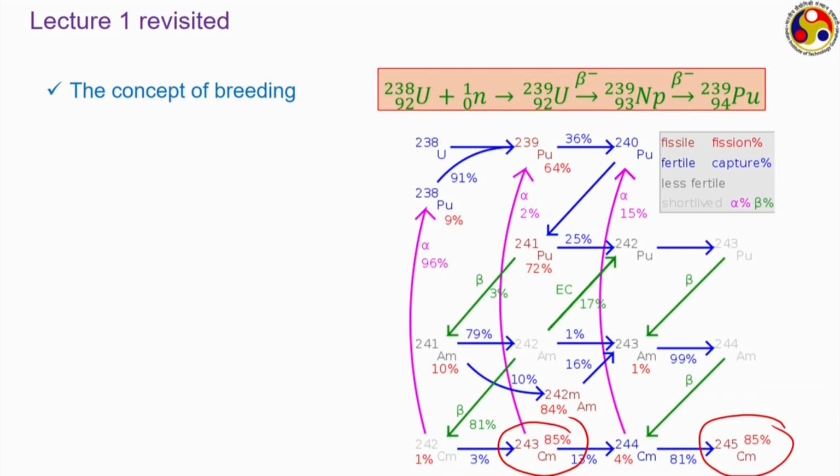Generally these are the two isotopes which are primarily considered for nuclear weapon fabrication. So both of them are extremely important.